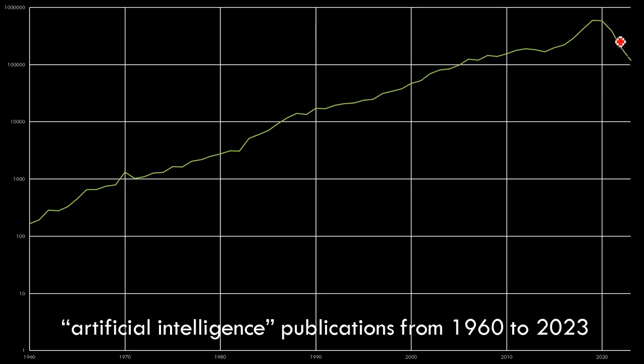So this is the most prominent feature of this story. There are other features as well. For example, there is a sharp hump around 1970, and there are some other dips and humps in between.